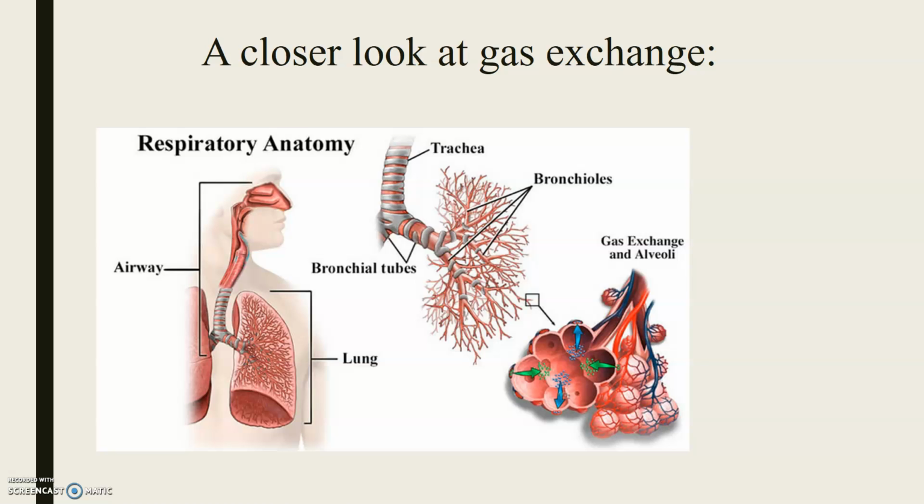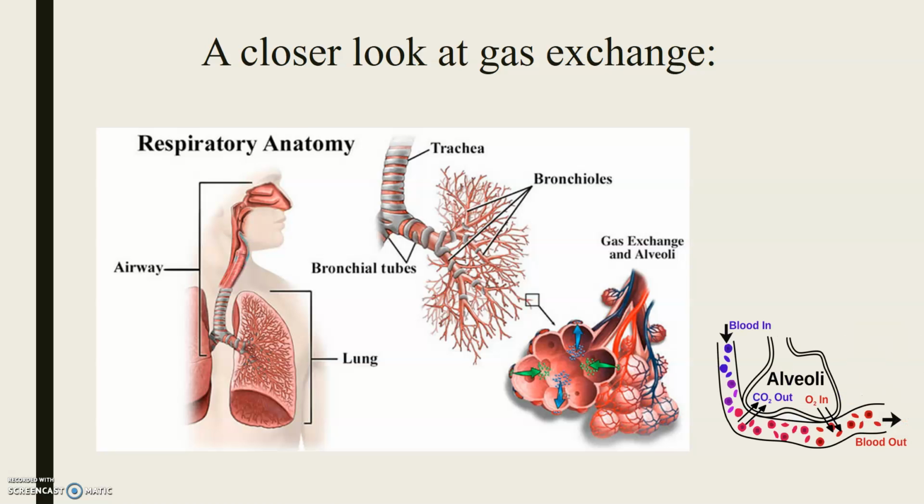The alveoli are extremely thin and allow CO2 that we can see here to pass to the alveoli and O2 to flow into the red blood cells of our circulatory system. This blood then goes back to the heart, specifically the left atrium, then from the left atrium to the left ventricle, and then pumped to the rest of the body through the major artery, the aorta.